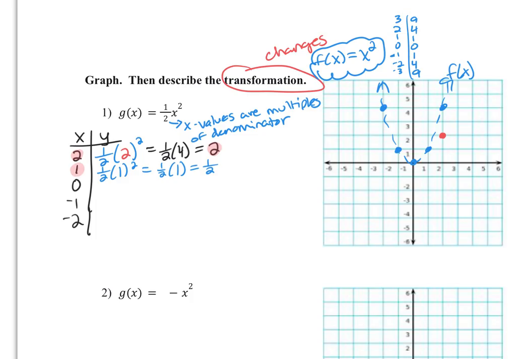Not impossible to graph, okay? 1/2 just means I'm going halfway. So I'm going to go +1 and then 1/2. Okay, so right there. If I do my 0, 1/2 times 0 squared, well, 0 squared is 0, and anything times 0 is still 0. So that gives me the point 0, 0.